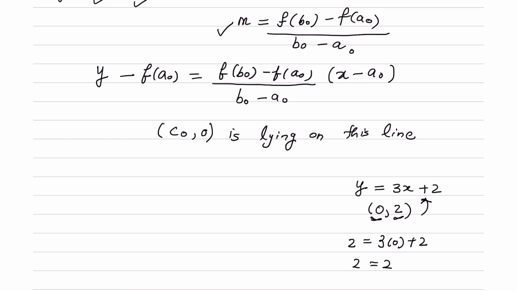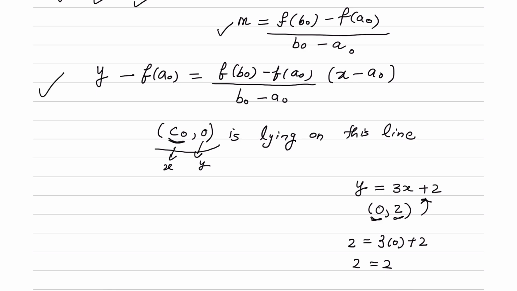Now let's look at this point. C0, 0 is lying on this straight line. Let's make this point C0, 0 lie on the line. Remember, I told you that everything else remains same, but this C0 goes in the place of x and this 0 goes in the place of y. So let's plug this point C0, 0 in the straight line.